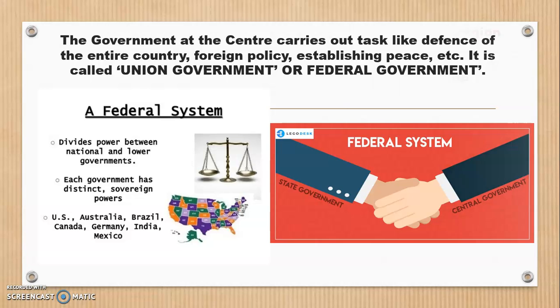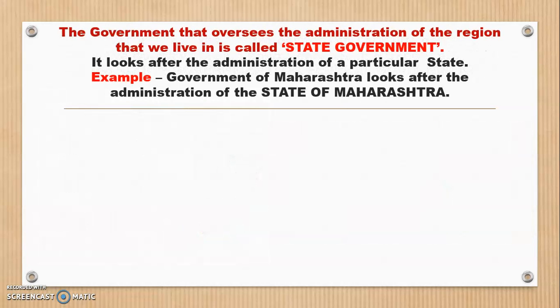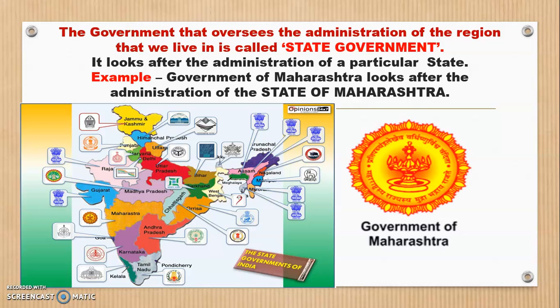The next important thing is the government that oversees the administration of the region in which we live, which is called the state government. We live in Maharashtra state, so this is the symbol of the government of Maharashtra. As you can see, the Indian territories are divided into different states, and each state has its own ruling power.